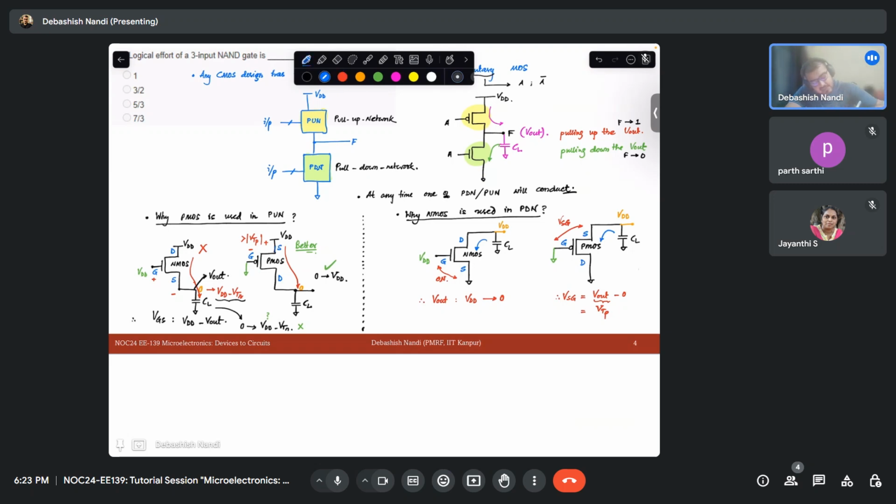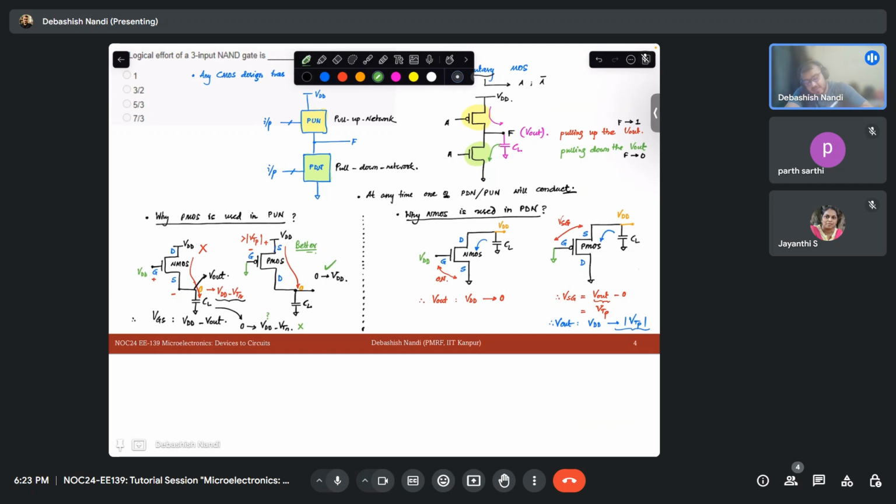So that translates to V out changing from VDD to modulus of VTP, because VTP is negative. Fine. So you see again the same thing. Lower half of your noise margin is getting compromised. So this is basically what is happening.